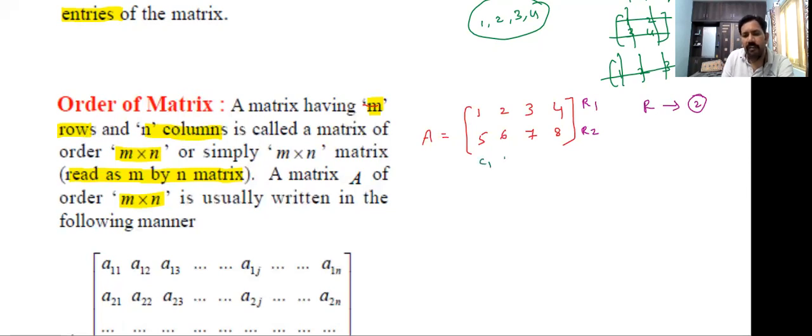This is C1, C2, C3, C4. Overall, how many columns are there here? Four columns. So matrix order means how to write? Rows by columns. Now here, in matrix A, there are two rows and four columns. So matrix order is 2 by 4.